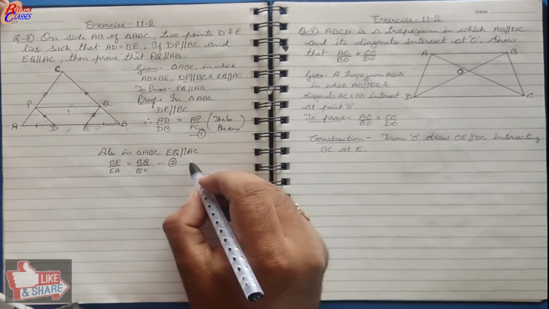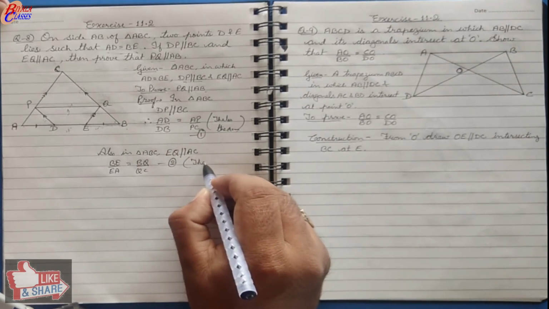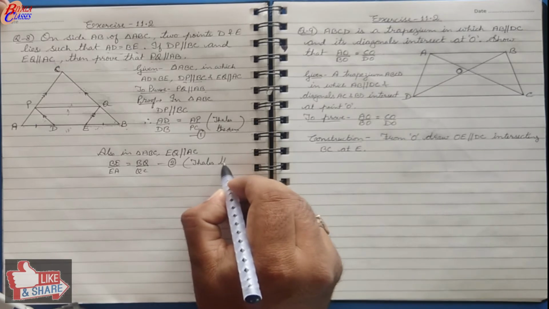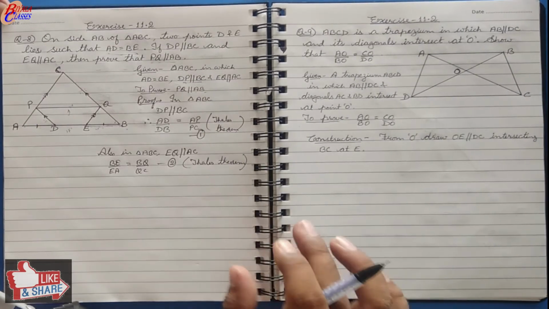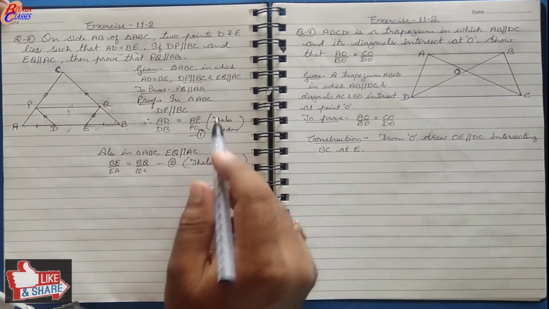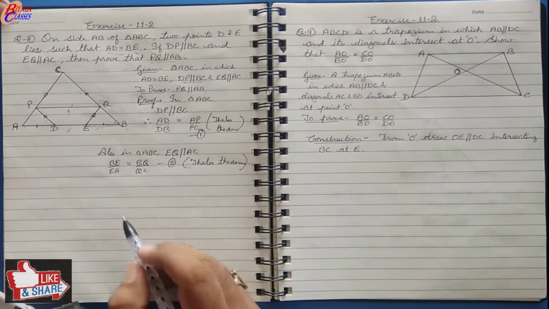Let this be result 2 or equation 2, and this is also by using the Thales theorem. The other name of the Thales theorem is the basic proportionality theorem. So we have got two results.